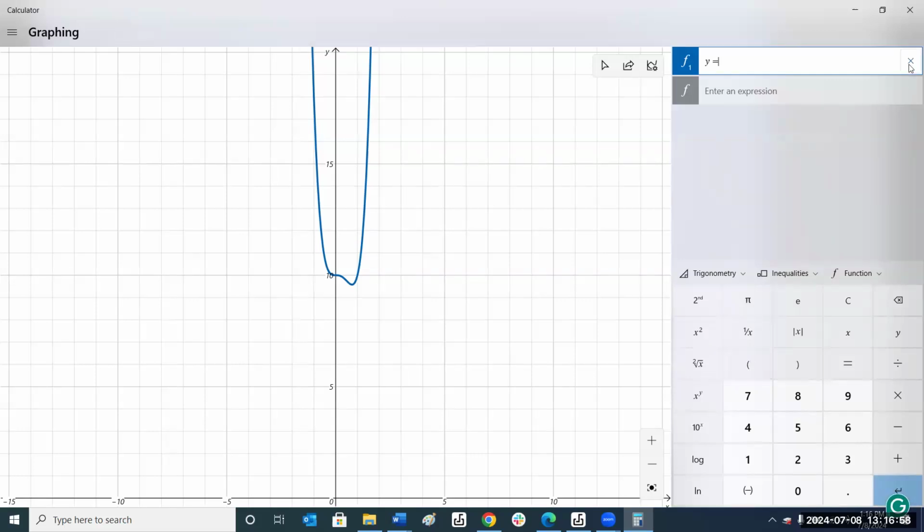y equals x plus 1 squared divided by 1 plus x squared.